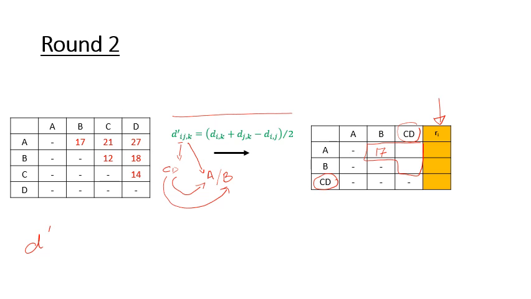So D prime of IJ and K, IJ is CD and K is A in this case.